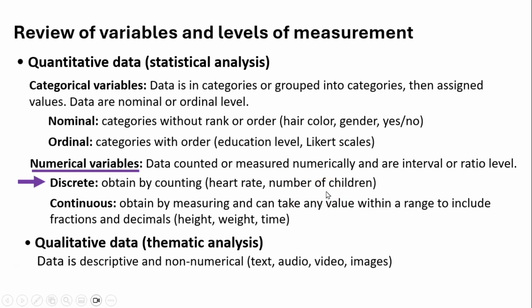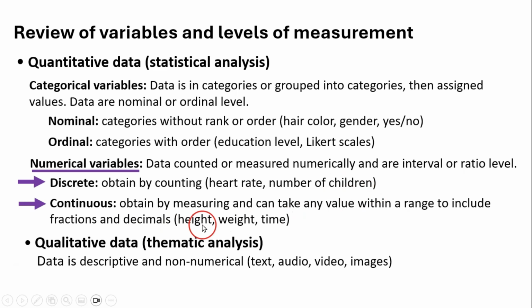And in this case, in a discrete numerical variable, each value is in its own right. In other words, you can't have values that are fractions or decimals. They're discrete in nature. Again, heart rate and number of children would be good examples of that.